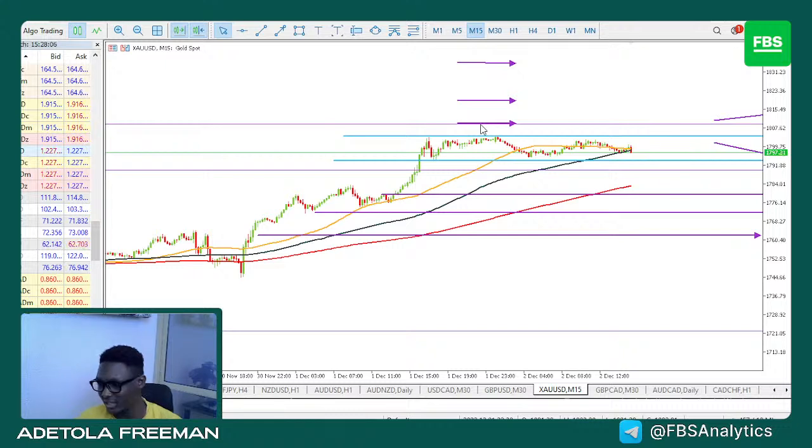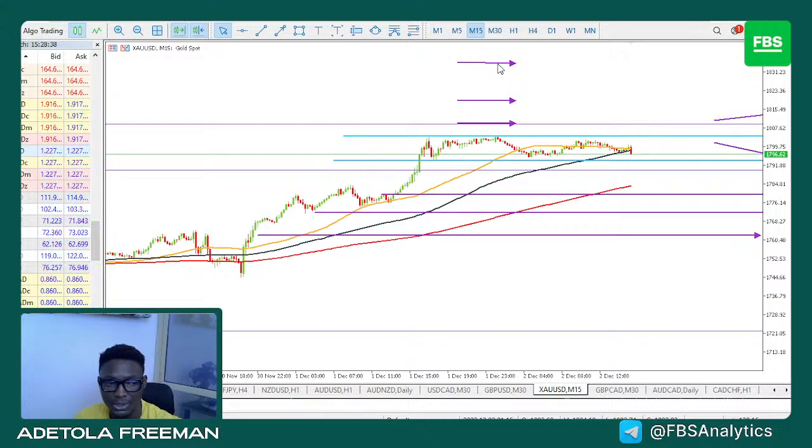Second target for the buys is 1812. And then the third target for the buys is 1834.